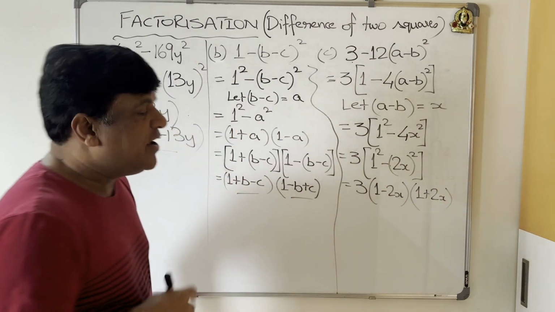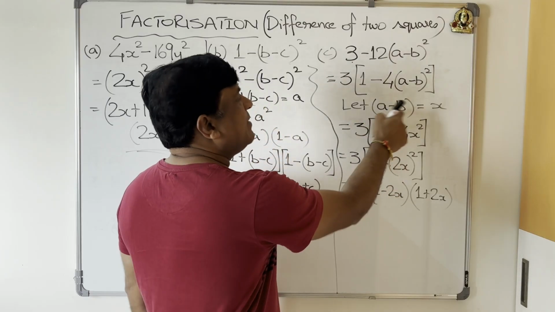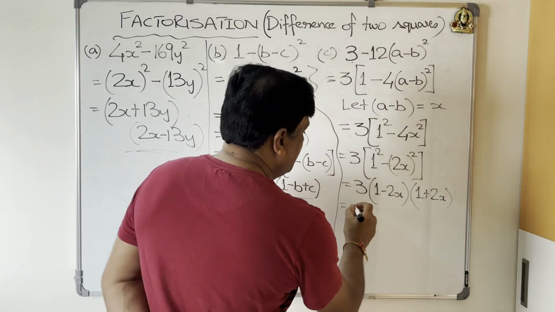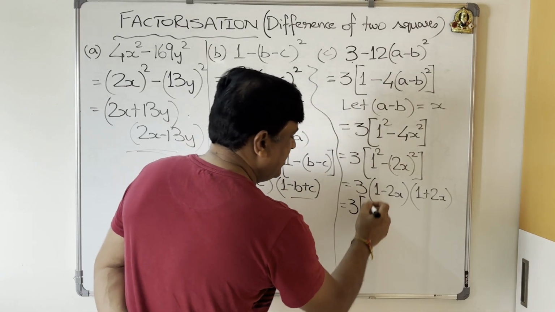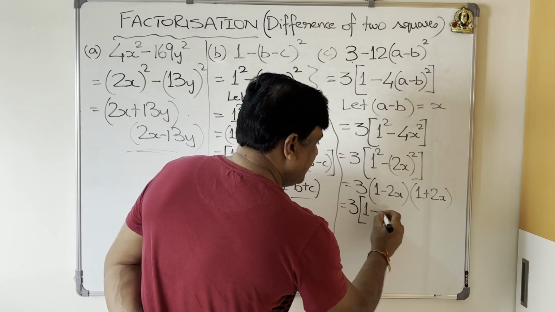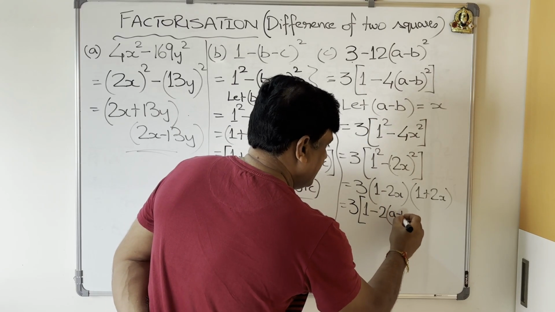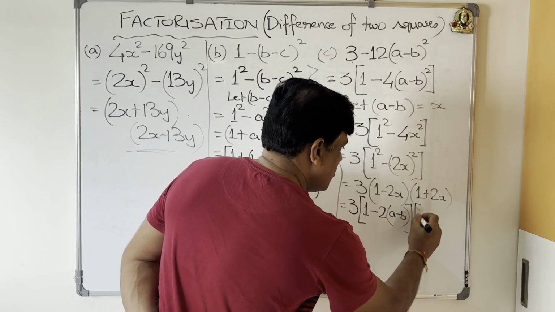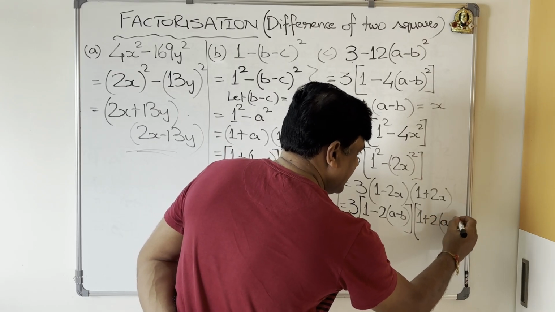Now what will I do? In place of x, I'll put a minus b. I have to replace it back over there. Again, brackets are very much important. So 1 minus 2 times (a minus b), close the bracket. And similarly this will be 1 plus 2 times (a minus b).